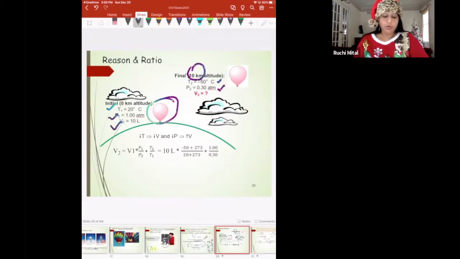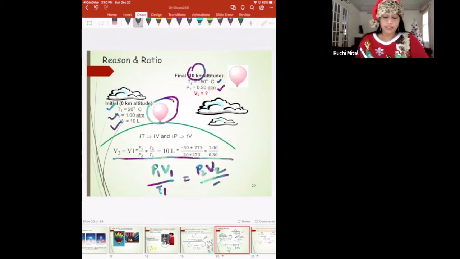Since nothing is constant, you will get this equation if you manipulate P1 V1 over T1 equals P2 V2 over T2. Then you plug in all the values that you have over here and solve it. I would always recommend setting up the problems and understanding the variables.